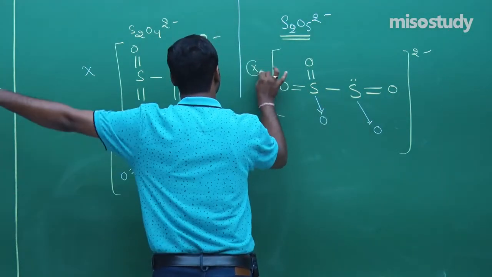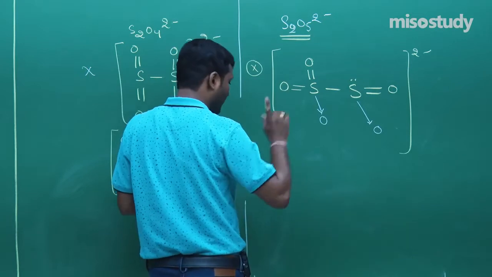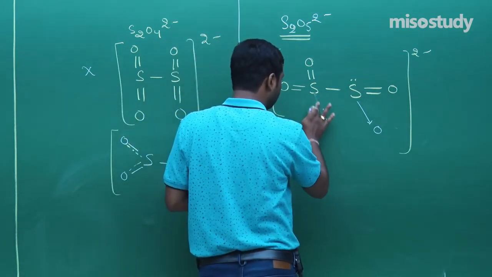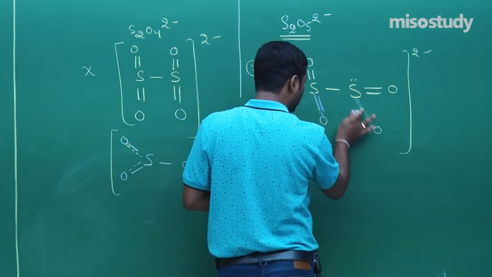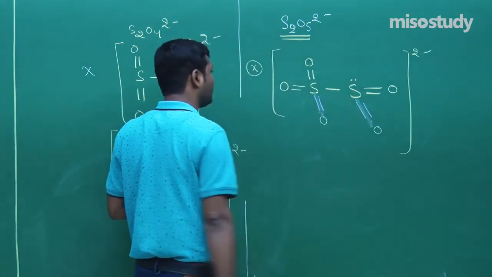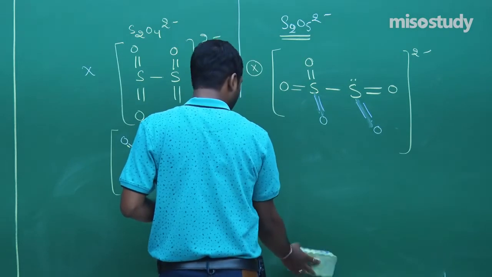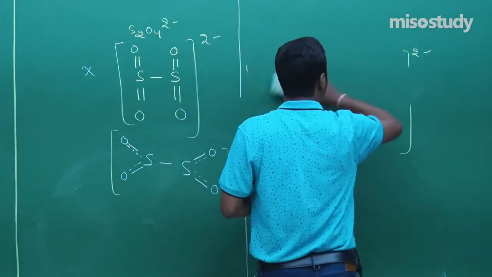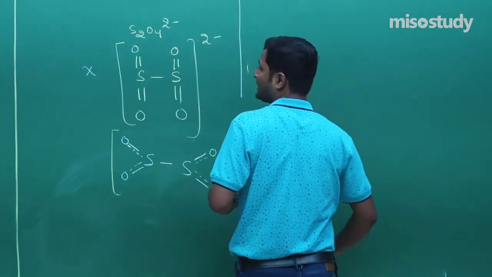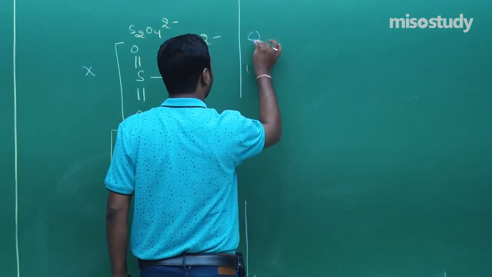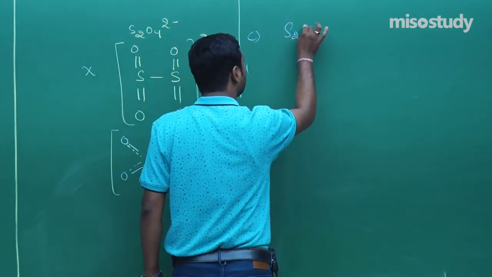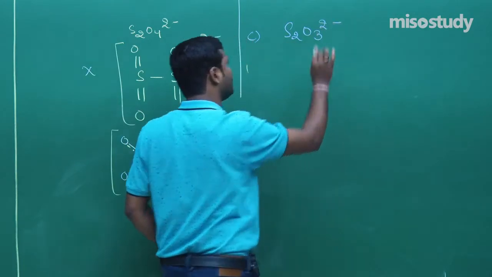So according to the question, what is given? No S-S bond. One more thing, in many books it is also given, so not an issue. We have to find that out. So this one is not a correct option. Now friend, I'm going to rub this part and we'll discuss the next one. What is the third option? Check it out. S2O3 2-.